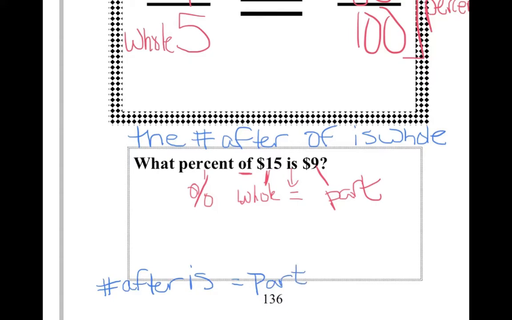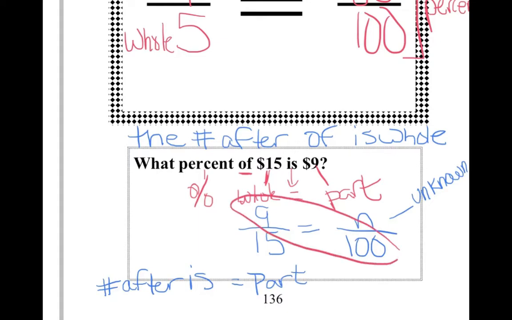So now that we identified our problem, we can write our proportion. We know that part is 9, whole is 15, it equals something over 100, n over 100. That's what we do not know. This is our unknown. Now we solve it just like any other proportion, using cross products are equal.